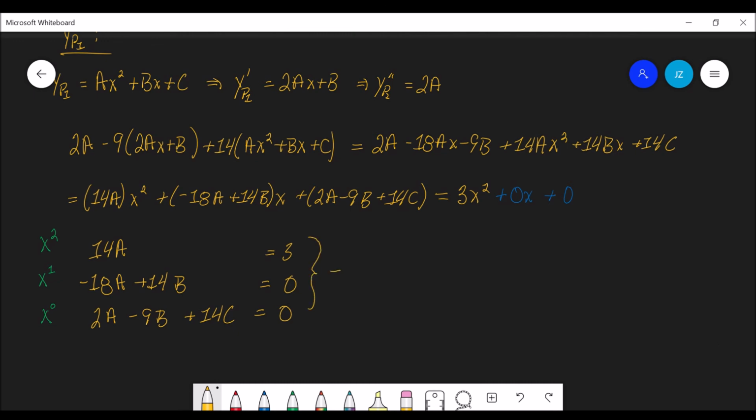There are several methods of solving a system of linear equations. This is a fairly simple system to solve. We'll get a is equal to 3/14, b is equal to 27 over 98, and c is equal to 201 over 1372.